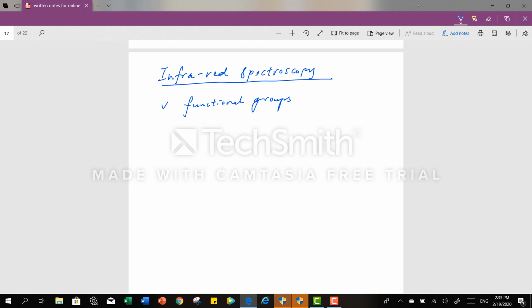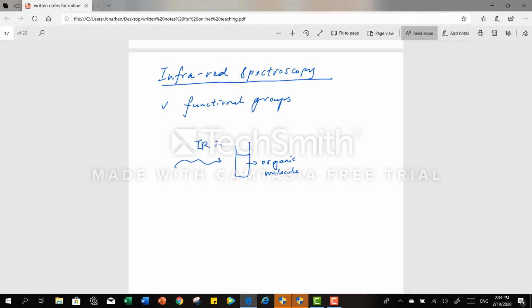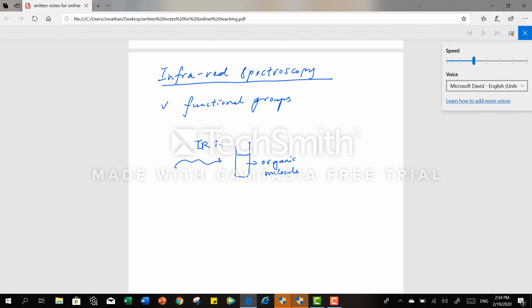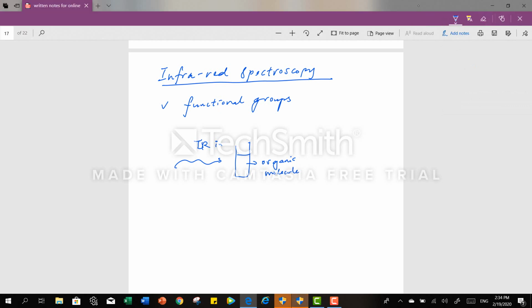So for example, if you have an organic molecule, okay, and then you use IR in, and after that the IR will come out.